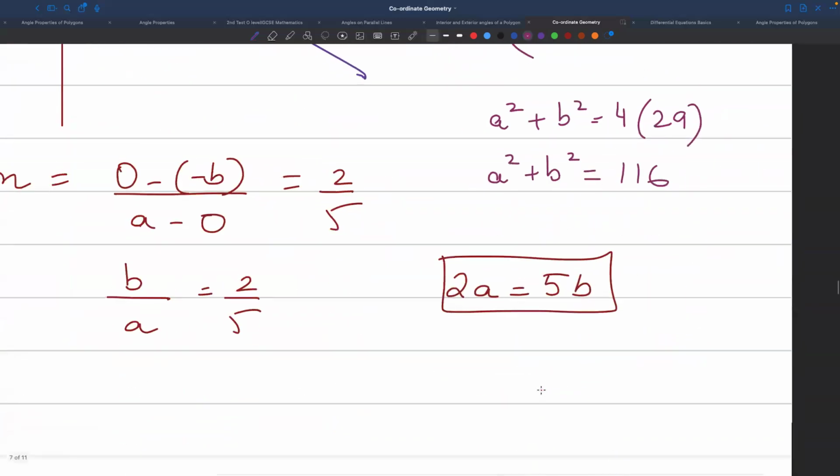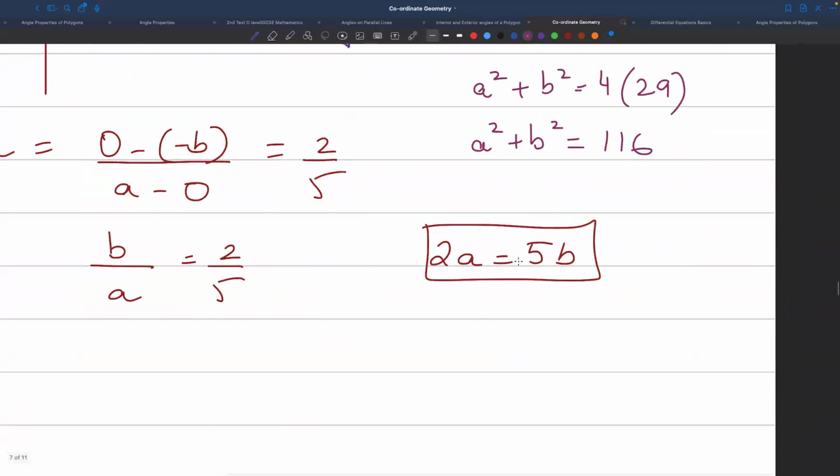Now to find the value of a or b, I know that 2a is equal to 5b. So a is equal to 5 upon 2 b. 5 upon 2 b whole squared plus b squared.